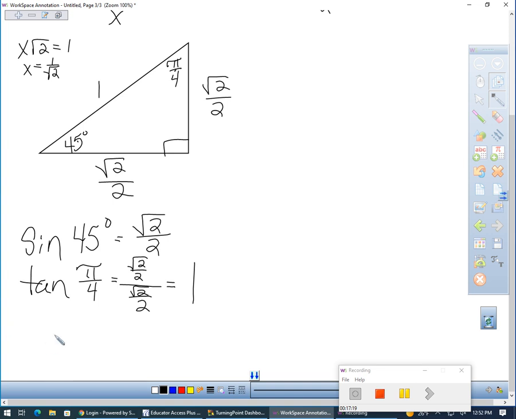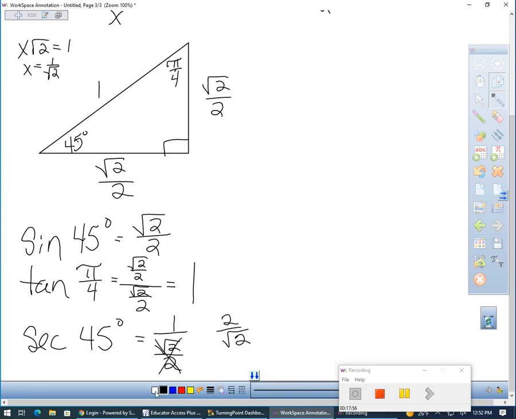What if I said to you, what is the secant at 45 degrees? So again, remember secant from 45 is hypotenuse over adjacent. Oh my gosh, how am I going to simplify that one? Remember when you divide by a fraction, you multiply by it. Which means I would multiply by 2 over square root 2.